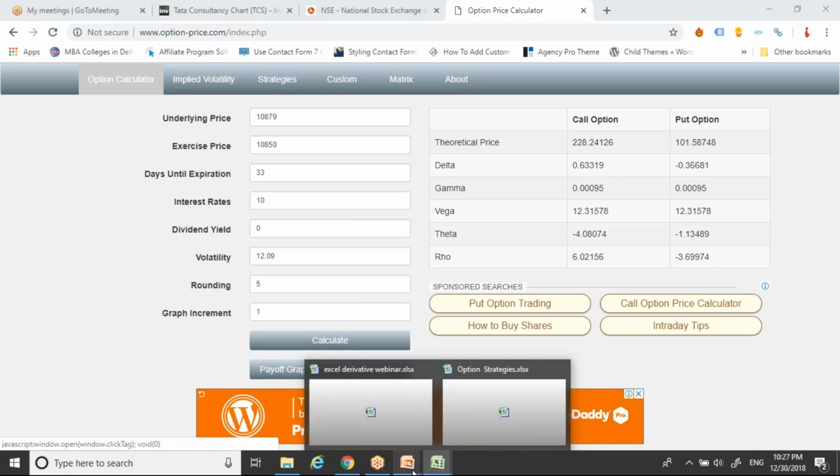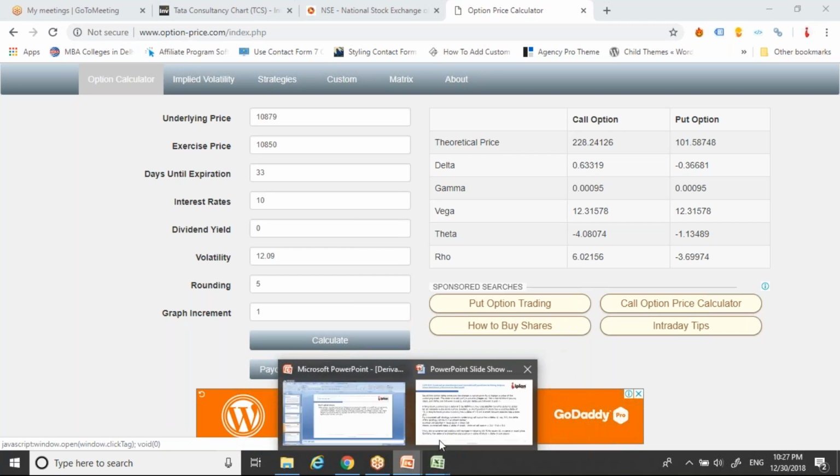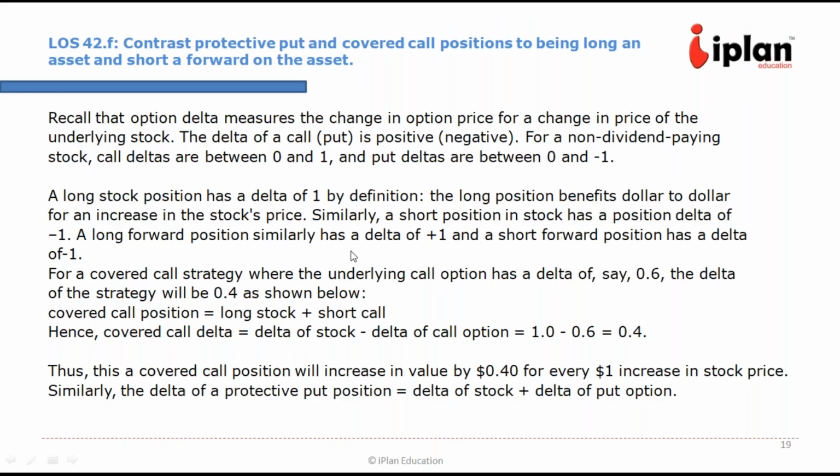So when we are hedging, we are creating a hedge position along with a put or call. If the price goes 10 rupees up, the premium will go only 6 rupees up. So that will not be perfectly hedged. To hedge the position perfectly, the effect should be the same.